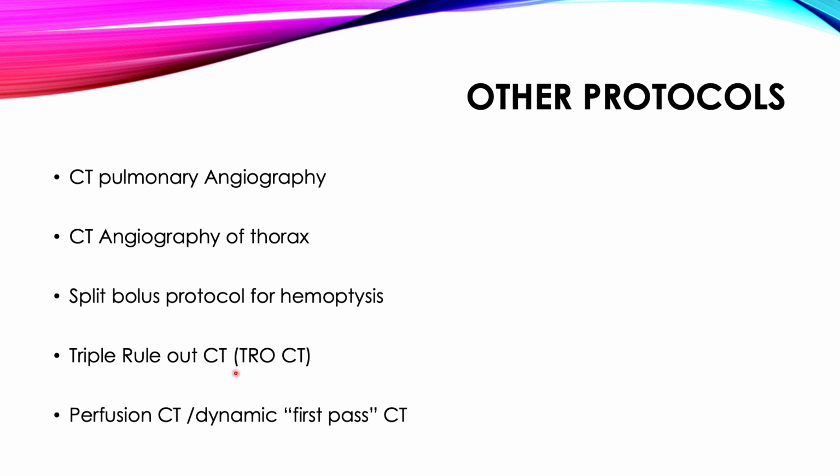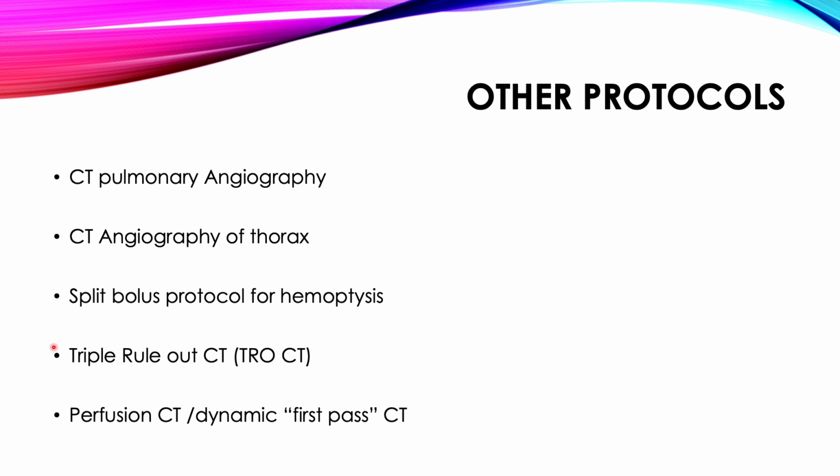Triple rule out CT is also an ECG gated examination. It is meant to look at the aorta, the coronaries, the pulmonary artery, and the mid and lower thorax, everything in a single scan. So essentially it rules out acute coronary syndrome, it rules out pulmonary embolism, it rules out an aortic syndrome in case your patient comes in with chest pain to the emergency.